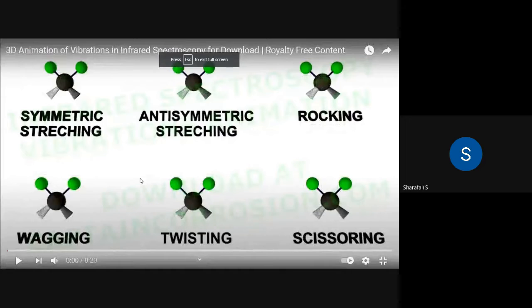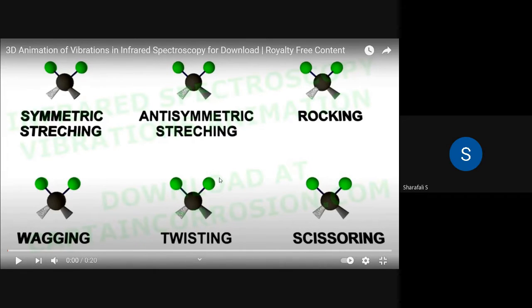From this, we can see there are basically 6 vibrations shown here. In the first case, we have symmetric stretching, and the second one is anti-symmetric stretching. Then we have rocking, wagging, twisting, and scissoring. These are different kinds of vibrations.